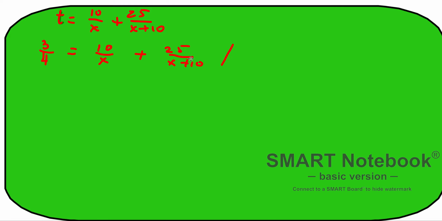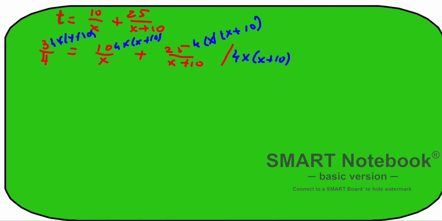Now let me multiply everything by the LCD. In this case, the LCD is 4 times x times x plus 10. So I multiply every term by 4x times x plus 10.